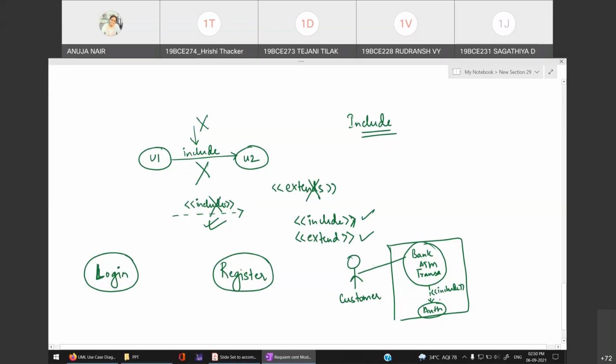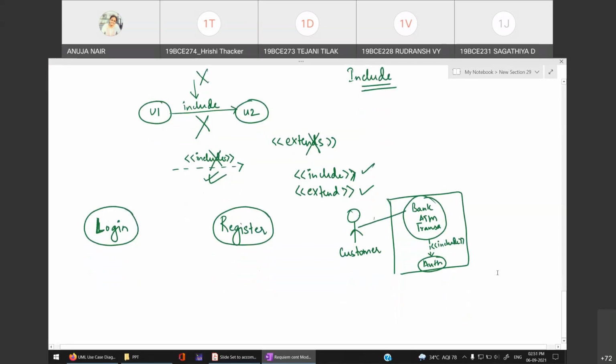Which use case will happen first? Which functionality will happen first? First, the functionality will be authentication, and then the functionality will be transaction.